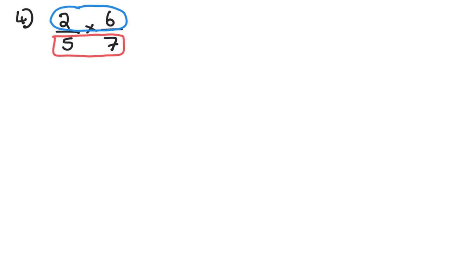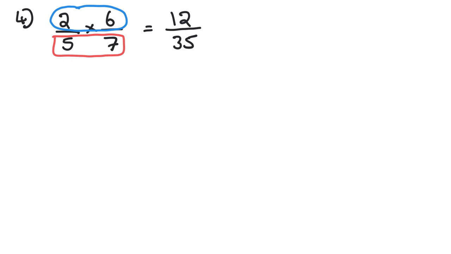So what will it be? 6 times 2 is 12 divided by 7 times 5 is 35. And of course, if the fraction can be simplified, you must simplify it. How we simplify fractions, we will learn in later lessons.